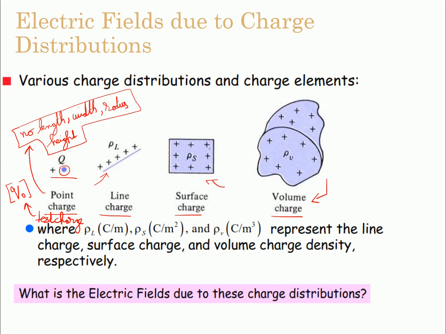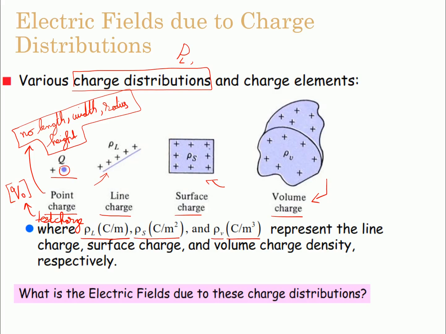For all these charge distributions, we are going to use a symbol represented as rho. If the charges are confined in a line, we represent it as rho L, with the units of coulomb per meter. If it is confined in a surface, it is represented by rho S, with the unit of coulombs per meter square, and if it is inside a volume, we represent it as rho V, and its unit will be coulombs per meter cube.